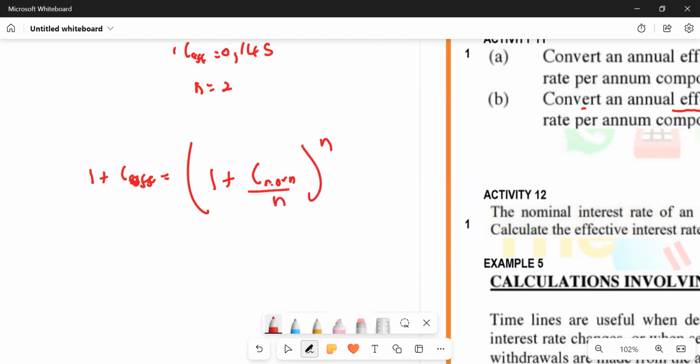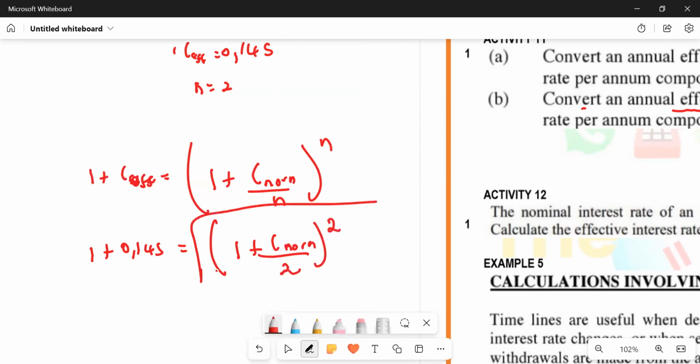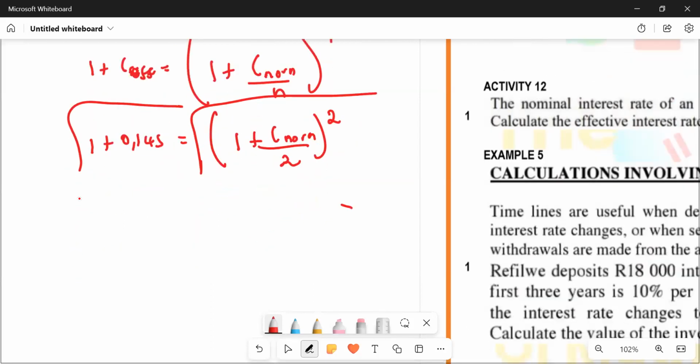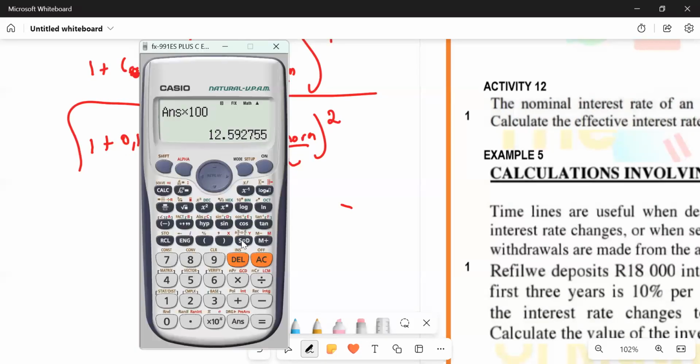Okay, so now we're looking for i nominal. We're going to say we have 1 plus 0.145, and then we have (1 plus i nominal over 2) to the power of 2. And you can say square root, and then even on this side, you say square root. If you take the square root there, you're going to have something that looks like this. Let's check.